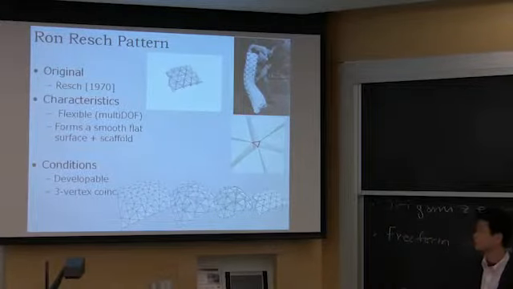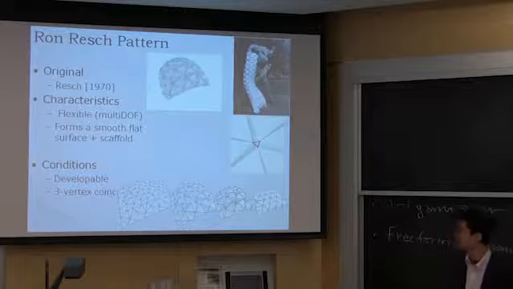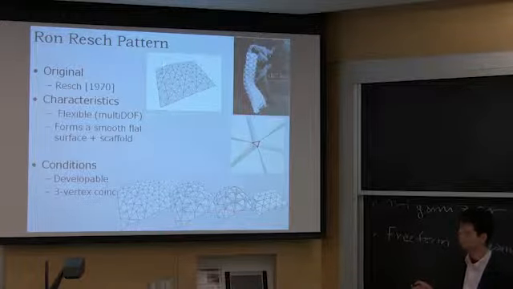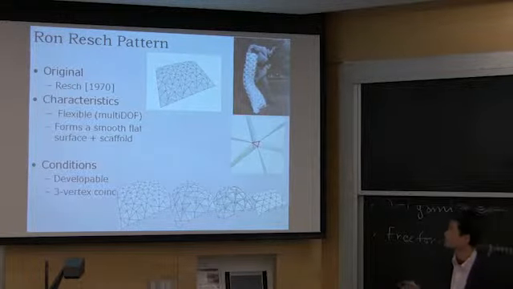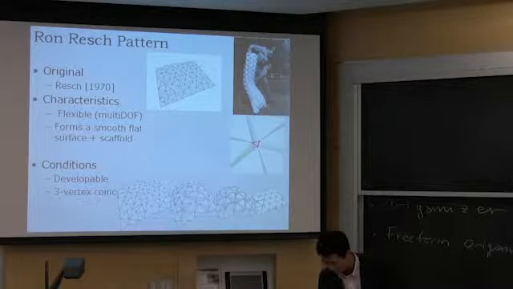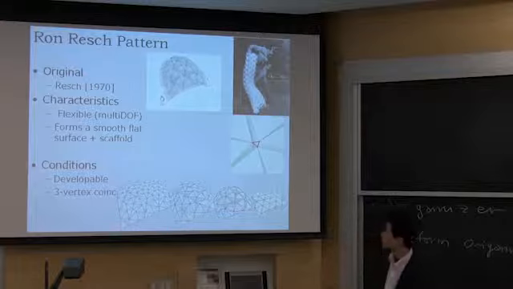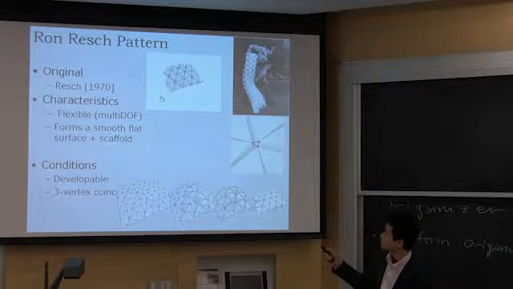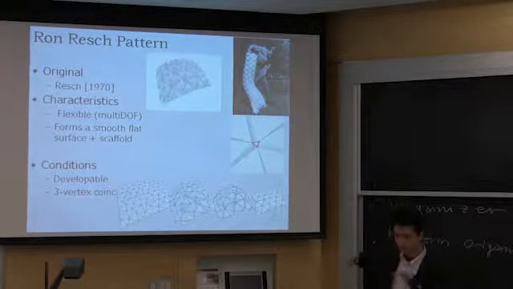You can also generalize Resch's pattern. This is one of Resch's designed triangular tessellations. Good thing about this is that it forms a kind of composite surface when it's folded.